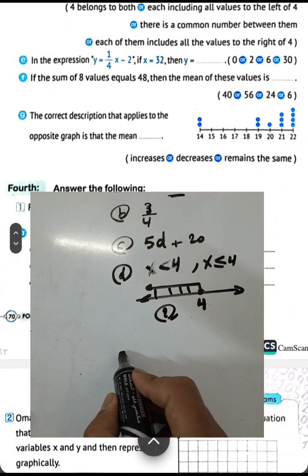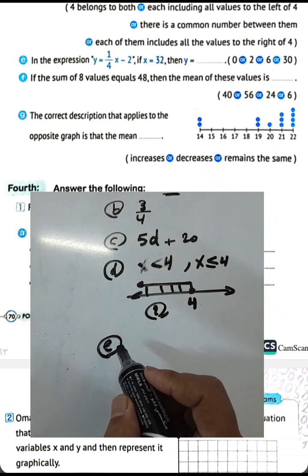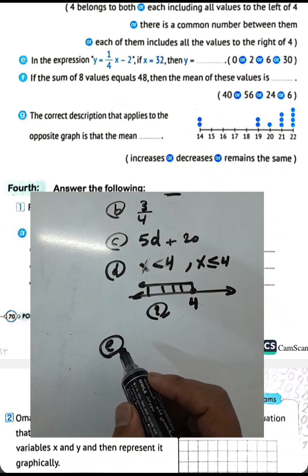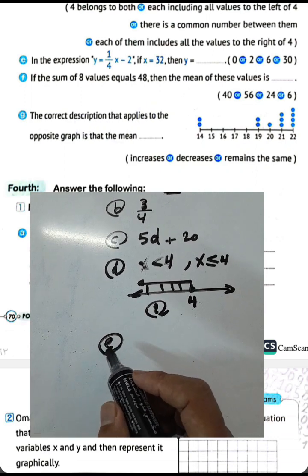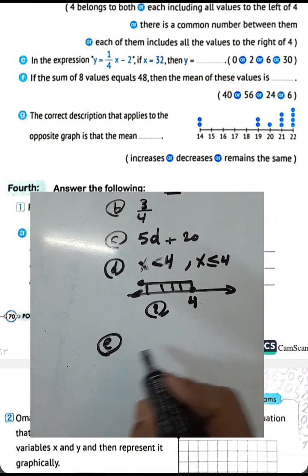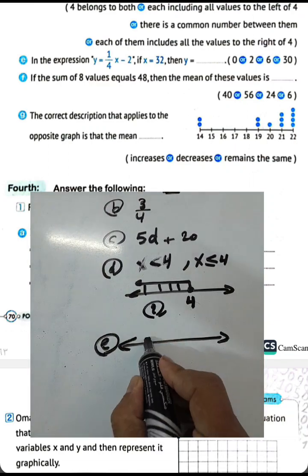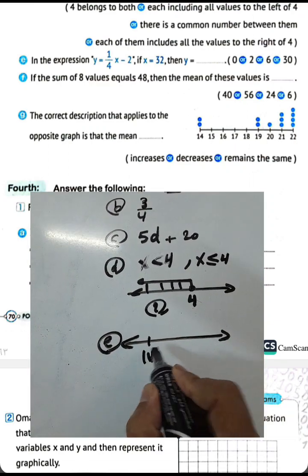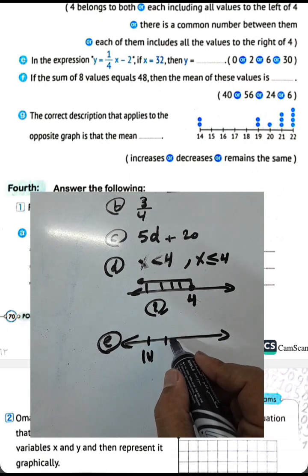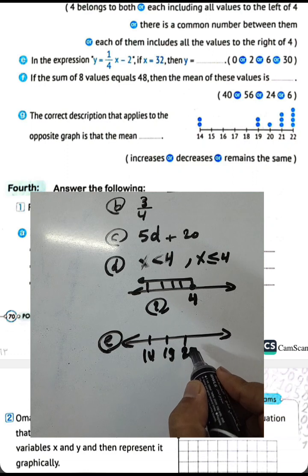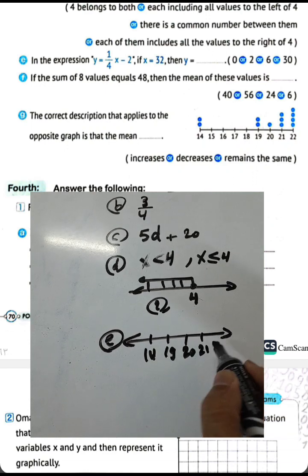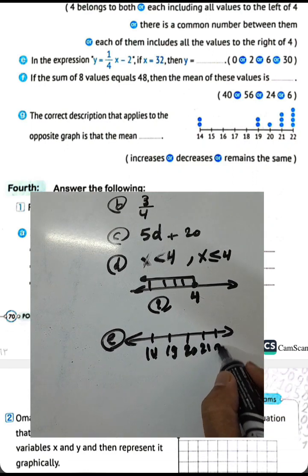Question letter E. The correct description that applies to the opposite graph, the mean equals what? We can find the mean here from our results. Look with me, we have 14, 19, 20, 21, 22.